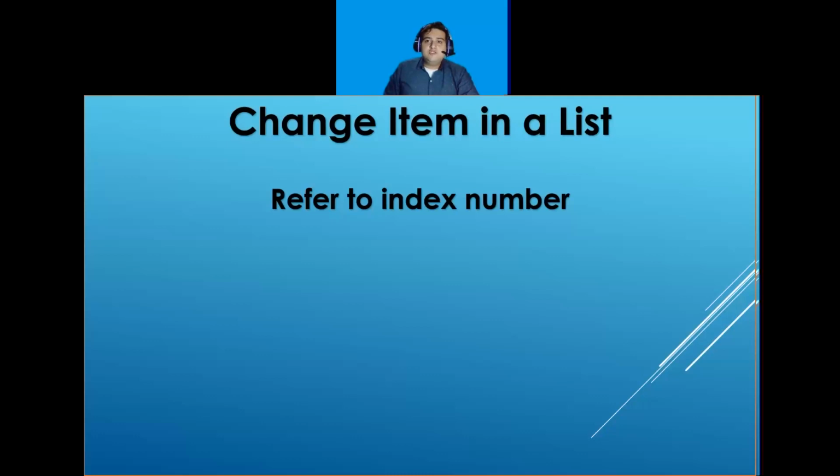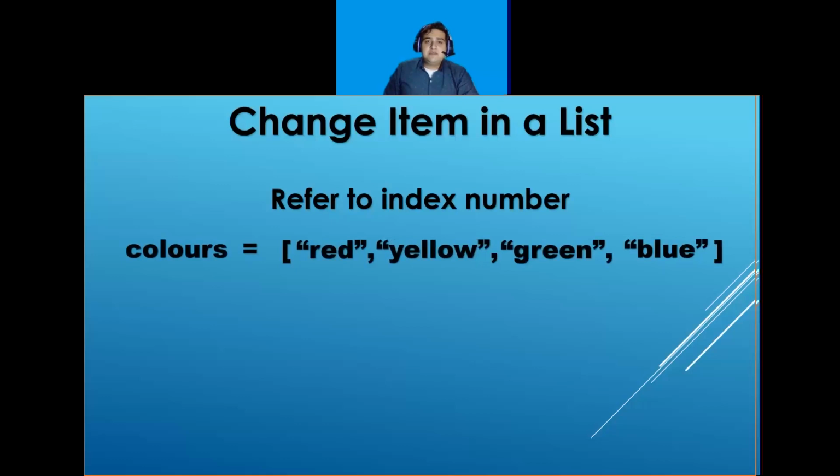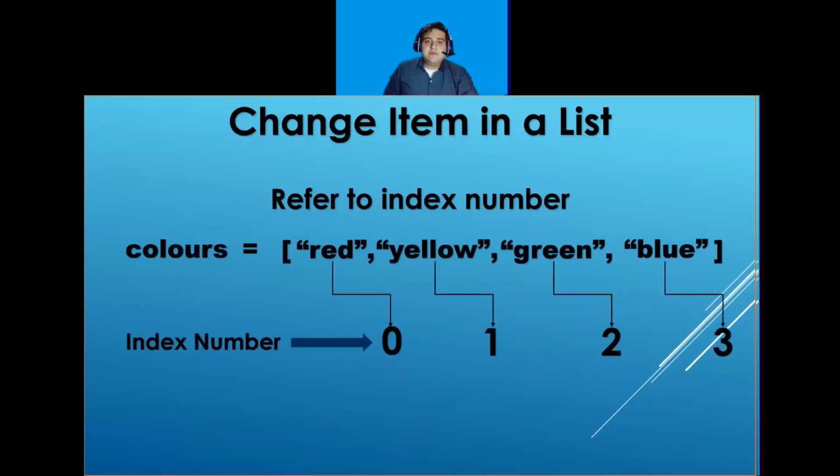Now, if you want to change the value of a specific item, you have to refer to the index number. So for example, here is my list and here is the index number. If I want to change the element yellow and replace it with purple, I have to refer to index number 1. So I will write the variable with the index number, the equal sign and the new element which I want to assign.